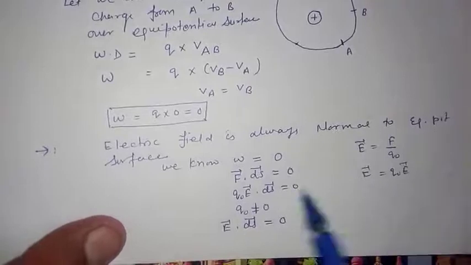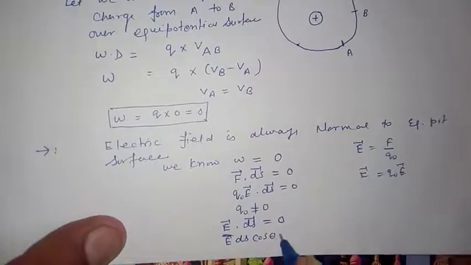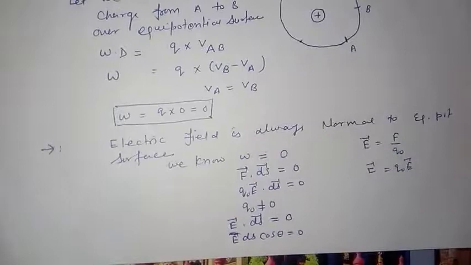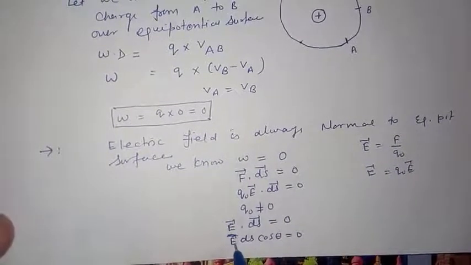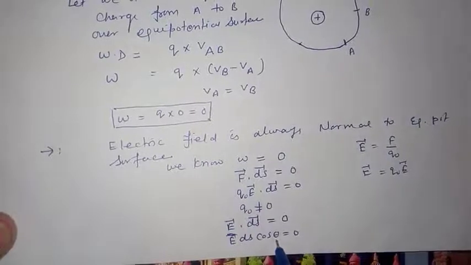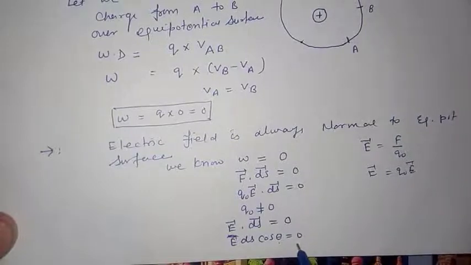But how can it be 0? So it means E ds cos of theta equal to 0. Now how can this equation be equal to 0? If charge is there, electric field can never be 0, right? The displacement ds cannot be 0.